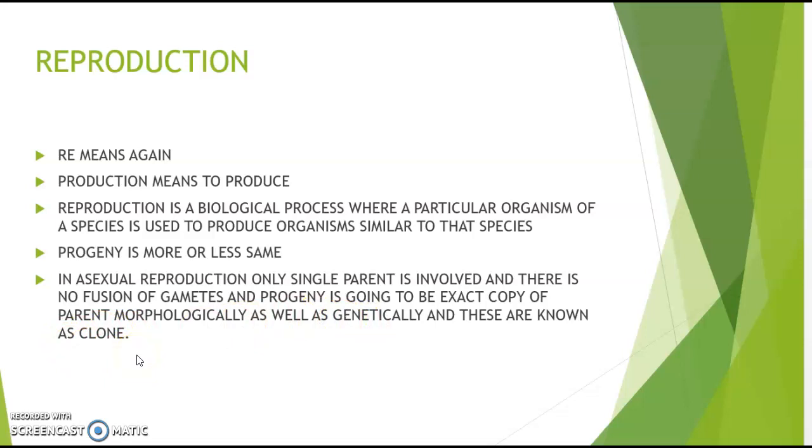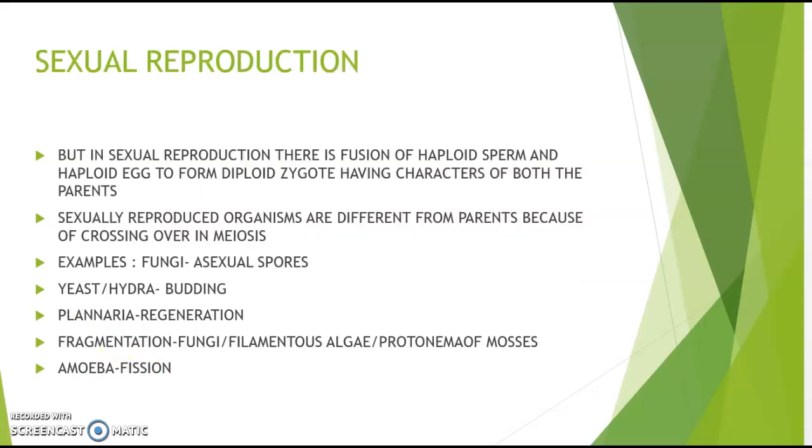They are the exact copy of the parent. But in sexual reproduction, there is fusion of a haploid sperm and a haploid egg to form a diploid zygote. This diploid zygote has the characters of both parents. So sexually reproduced organisms are different from parents because of crossing over in meiosis.